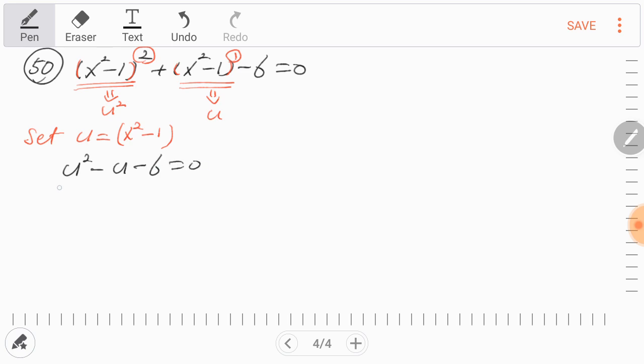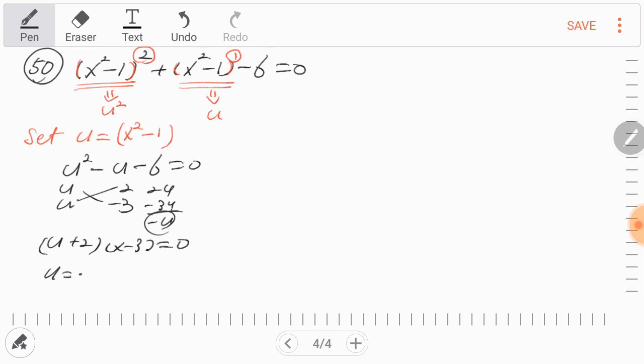So u times u, 2 times 3, and -3. So this is equal to -3u and then +2u. So the left side is u plus 2, u minus 3 is equal to 0. So that u equals -2 or u equals 3. Right. So now let's replace this u with x squared minus 1.